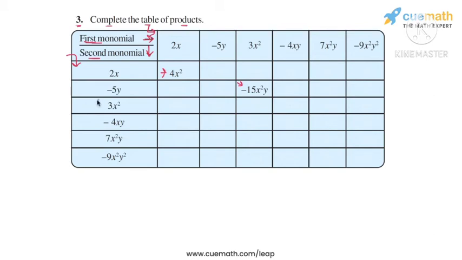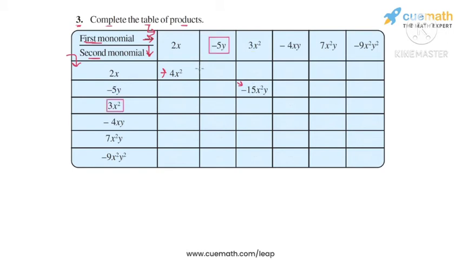For example, if you take minus 5y as your first monomial and 3x square as your second monomial, then the product you will get will be the same as if you take 3x square as your first monomial and minus 5y as your second monomial. And that product we have already calculated as minus 15x square y.